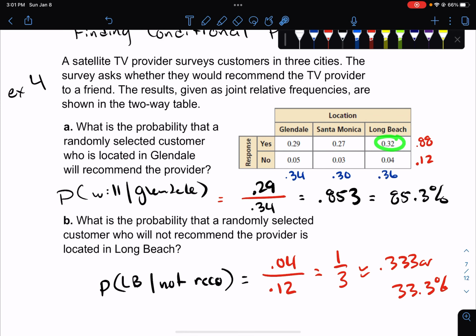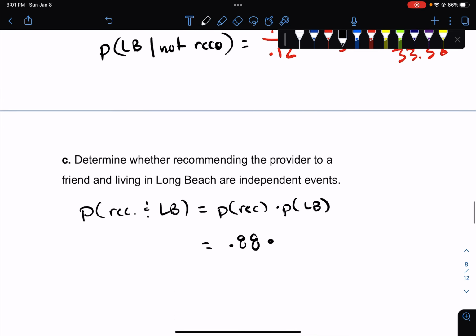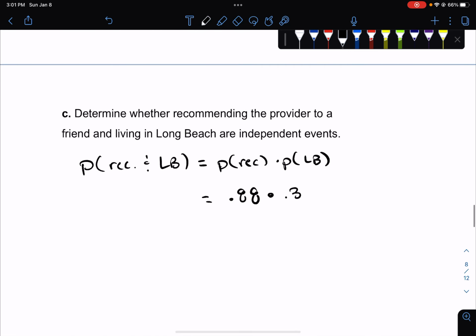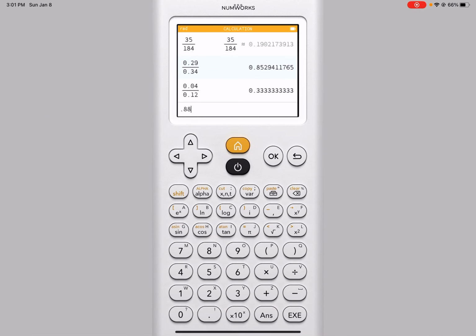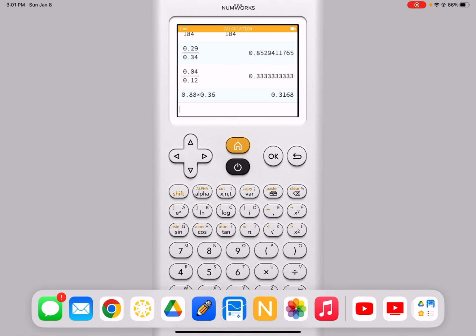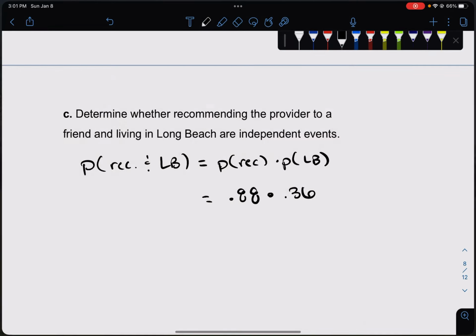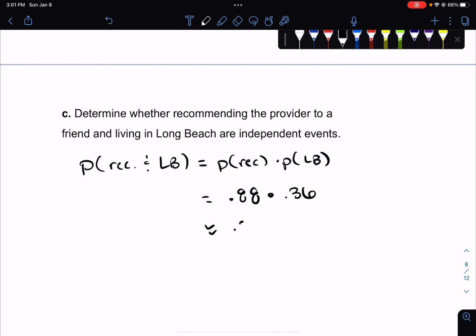Well, these people and these people live in Long Beach, so 0.36 is the probability that someone lives in Long Beach. So 0.88 times 0.36, let's see what that is. That's going to give me 0.3168, so approximately 0.317.